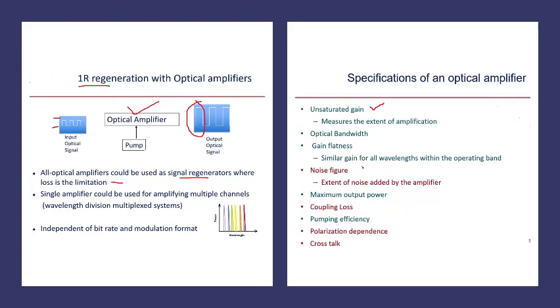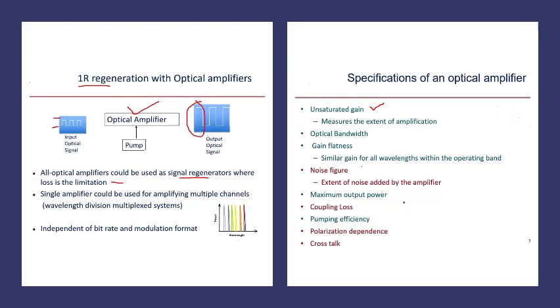Noise figure is simply the signal to noise ratio at the input of the amplifier, and once the noise is introduced through the amplifier, we get the signal to noise ratio at the output of the amplifier. So once we divide the input signal to noise ratio by the output signal to noise ratio, we will get the noise figure value. So this is the formula.